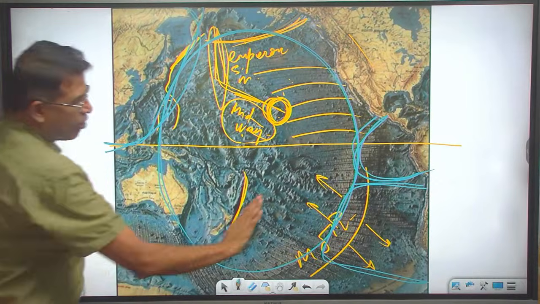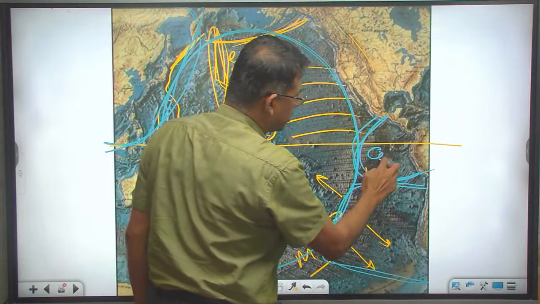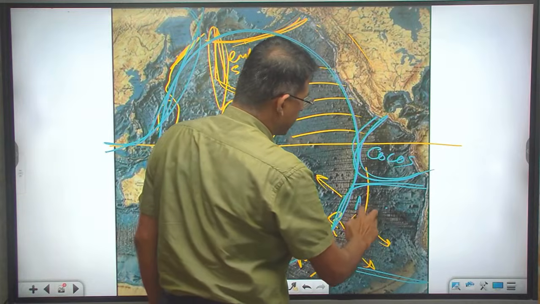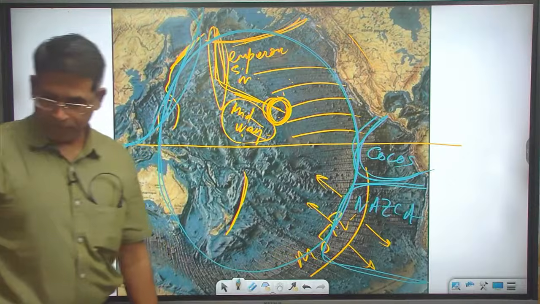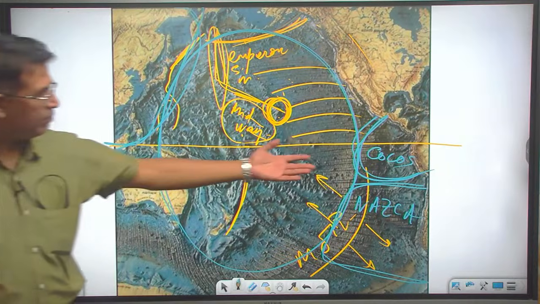ठीक है, so and on this side I'm saying ये छोटे plates हैं. This is called as Cocos plate and this is called as Nazca plate. Okay, so there are smaller plates called, लिख लो नाम, Cocos plate.